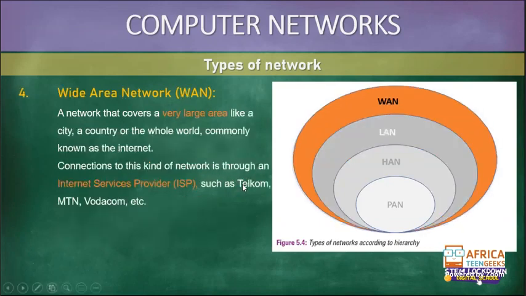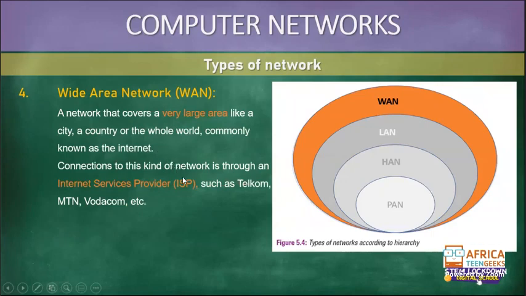And then lastly, you have the wide area network, which covers a very large area like a city, a country, or the whole world. This one is commonly known as the internet.